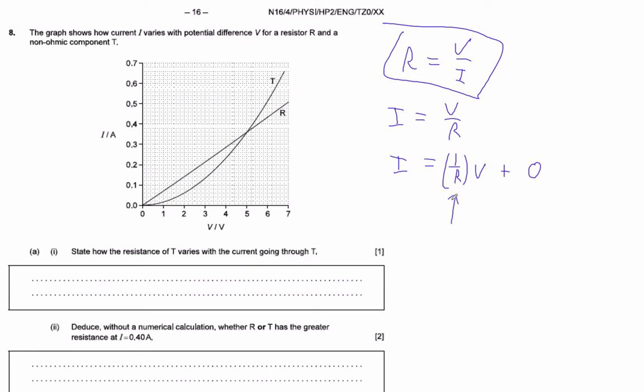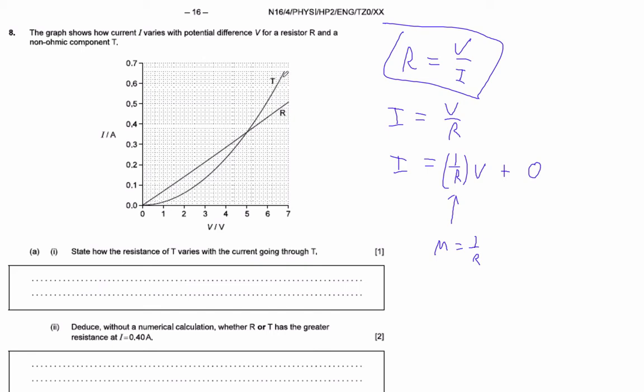In general, the slope of the line is 1 over R. So where the slope is small, the resistance is big, and when the slope is big, the resistance is small.